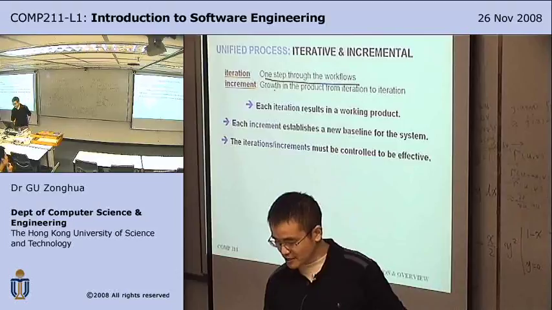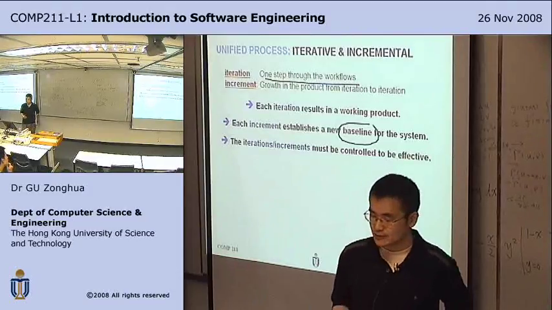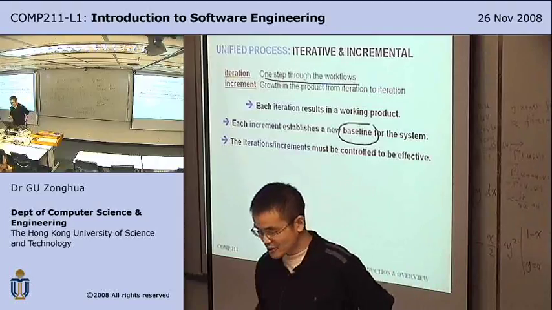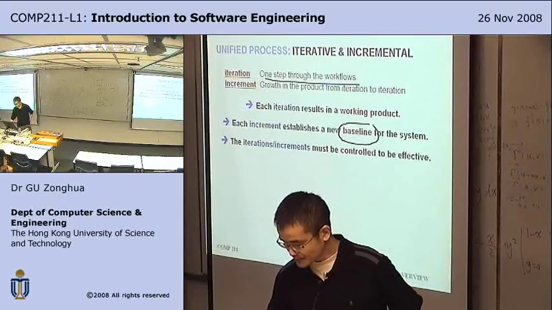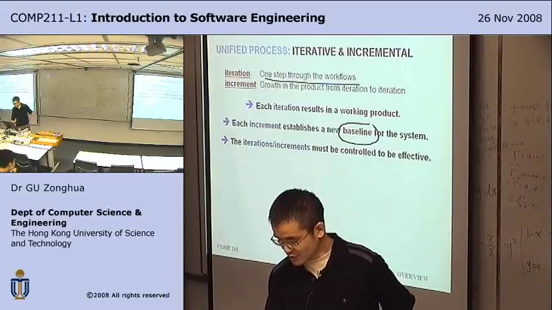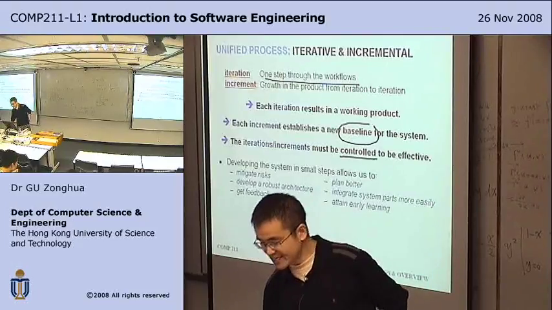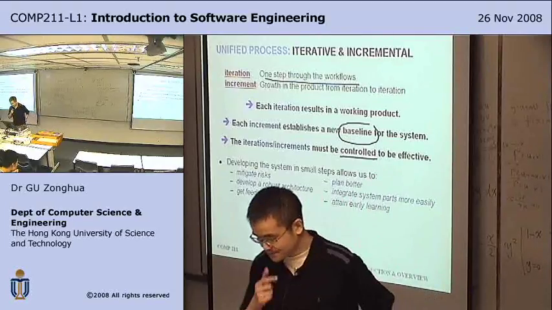And notice that we discussed the baseline in the software configuration management. To be a baseline, you must pass a rigorous review process. Control the iterations and the increments. So this is change control done by software configuration management.